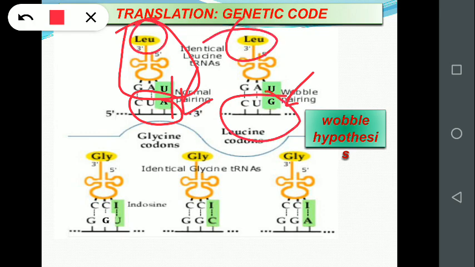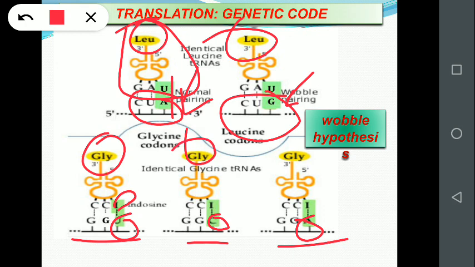Okay, and in case of glycine, the tRNA is having inosine. Inosine can recognize U, C, and A also, not the G. So that is why it can recognize three different codons and specify only glycine. So therefore, this tRNA is capable of reading three different codons of glycine.